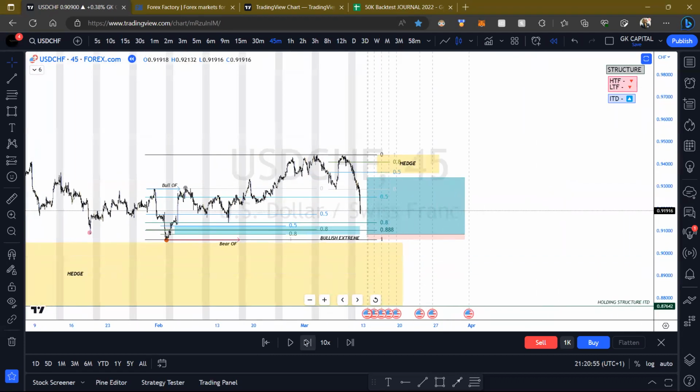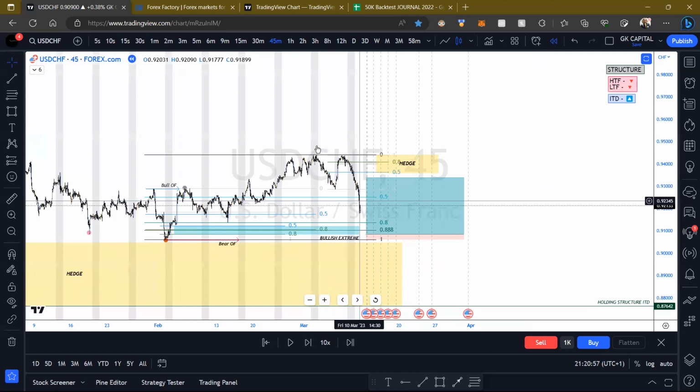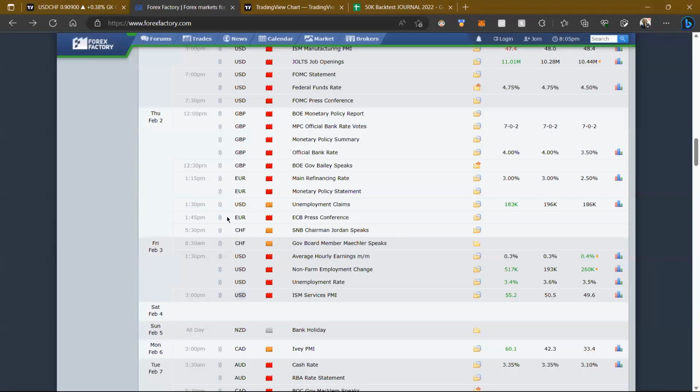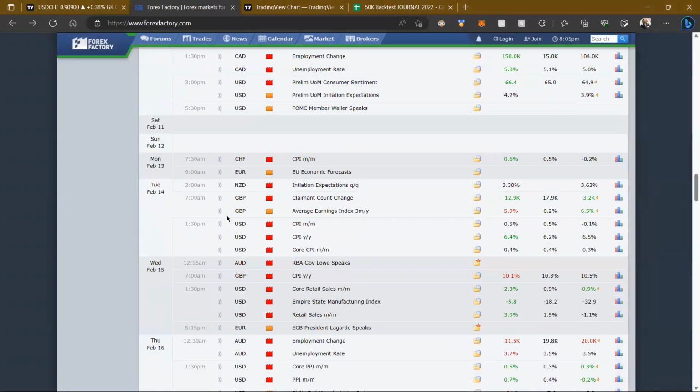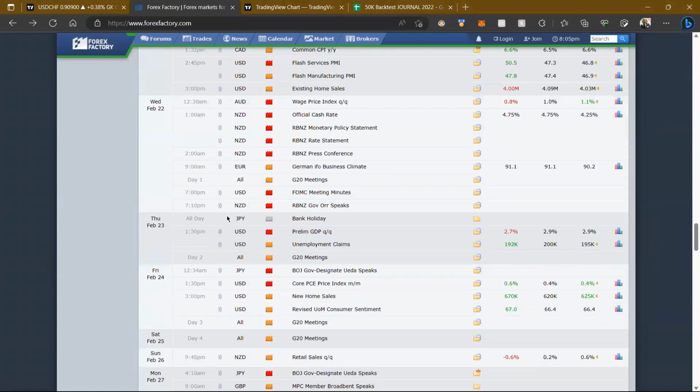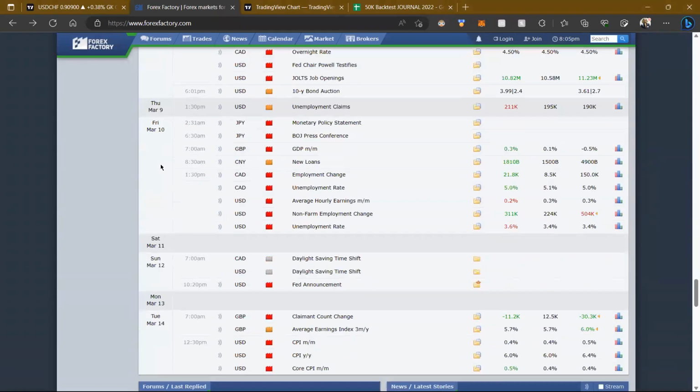So we have to wait for. What is this? This is 10th of March. So where are we at? Done all of this. Okay, so 10th of March. We've got 1 p.m. We've got USD news. We've got NFP.